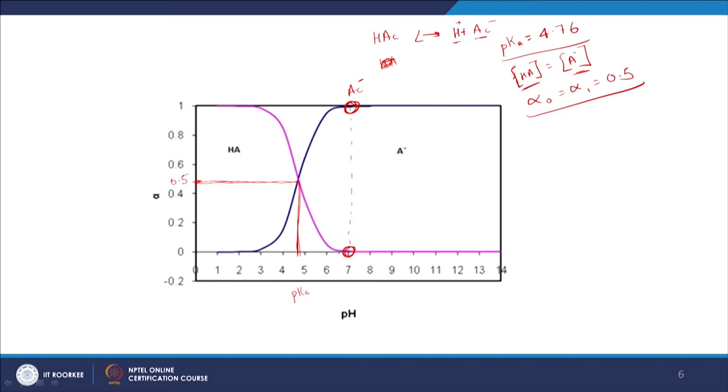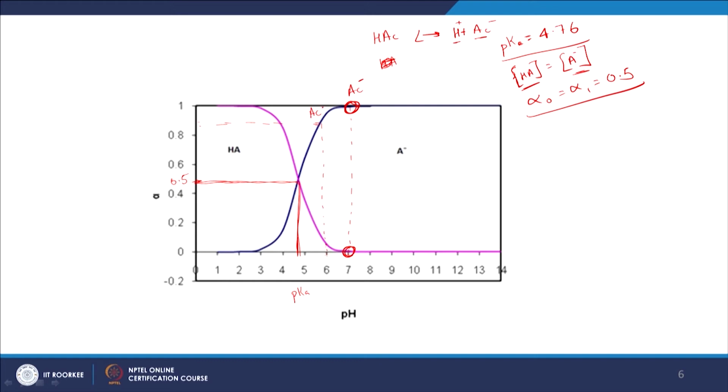But as you move towards the pKa value, let us say we now look at pH 6, and what do you see? Now the fraction changes such that it is going to be around 90 percent. I guess we can calculate that from the Henderson-Hasselbalch equation again.